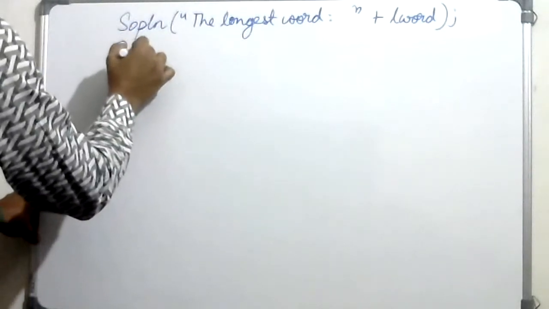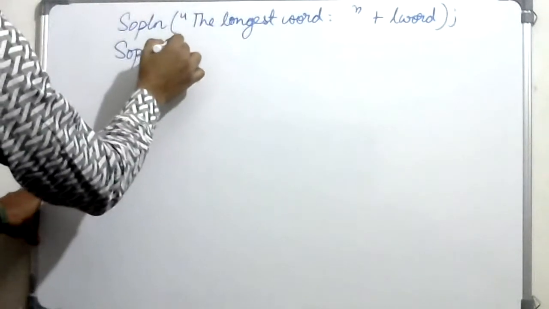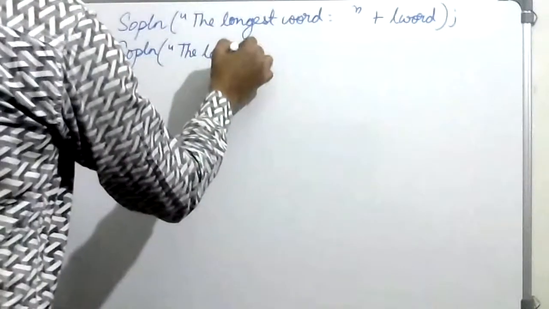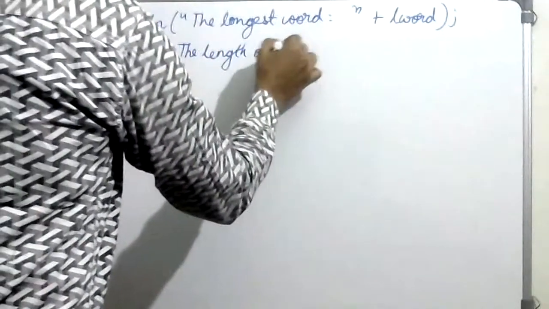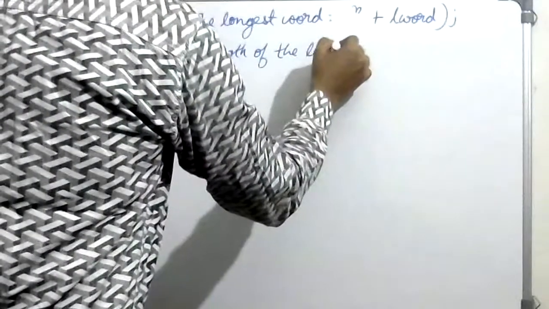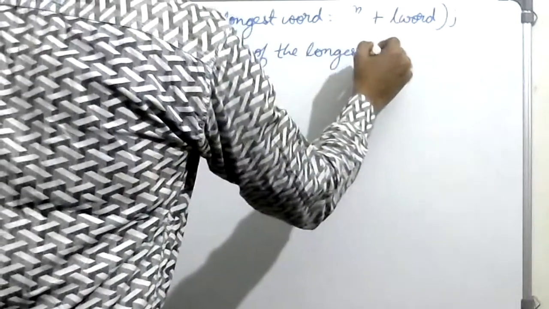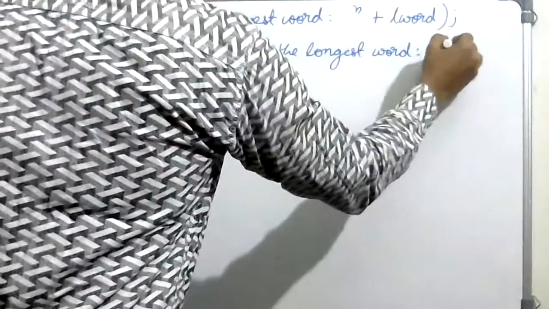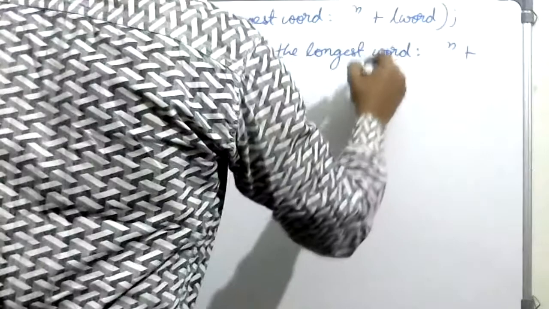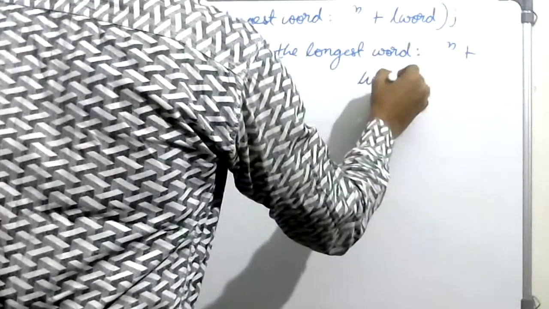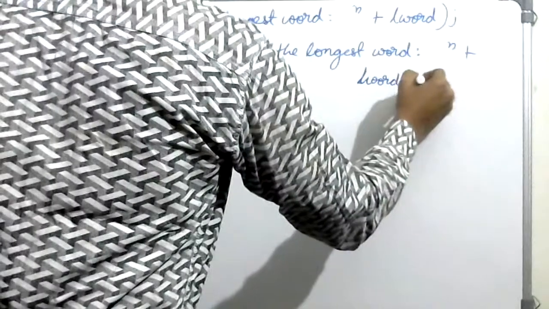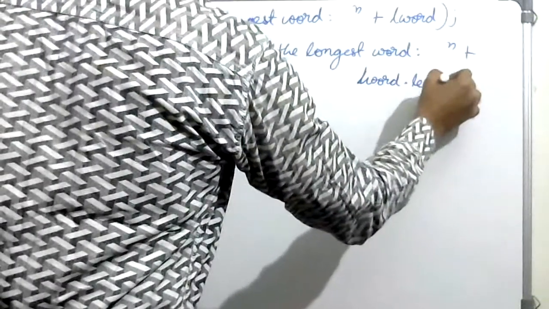Now we also have to display the length of the longest word. We can have a space plus, we have the longest word in the variable Lword, and we just call the length function here to display it.